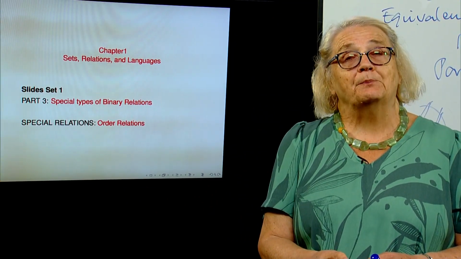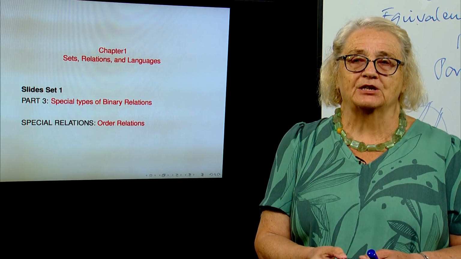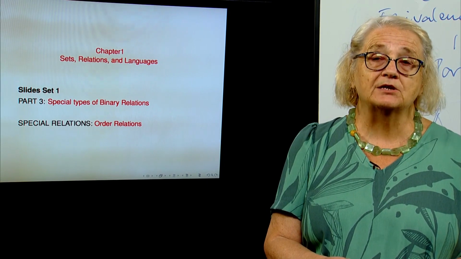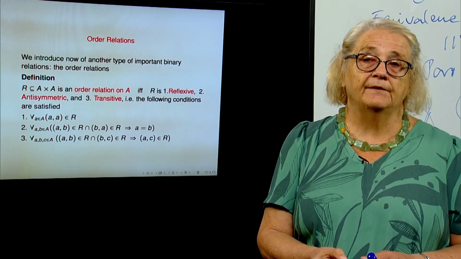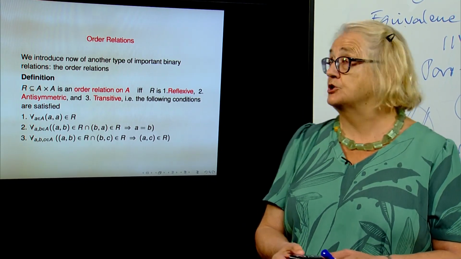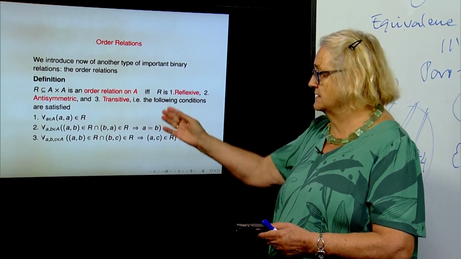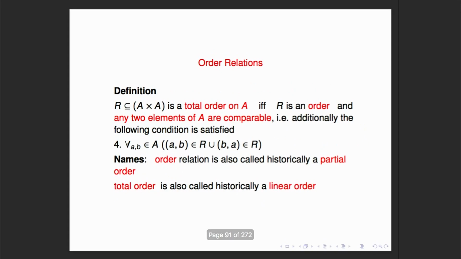Now, you have special types of relations. The other special important type of relation is the order relations. The order relations are relations which are reflexive, antisymmetric, and transitive, and there's a definition.